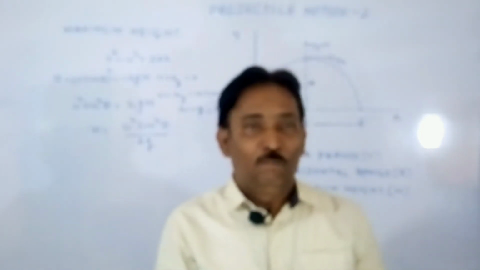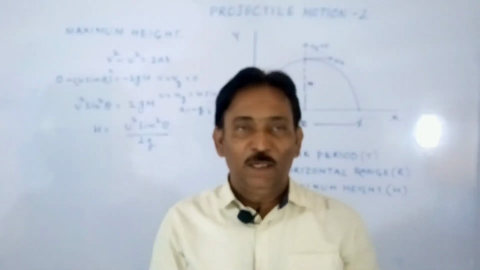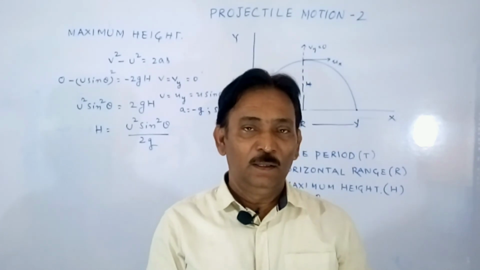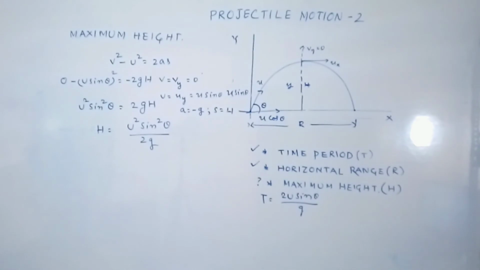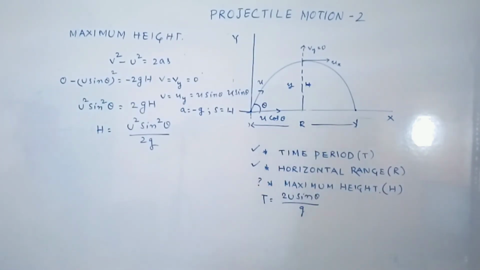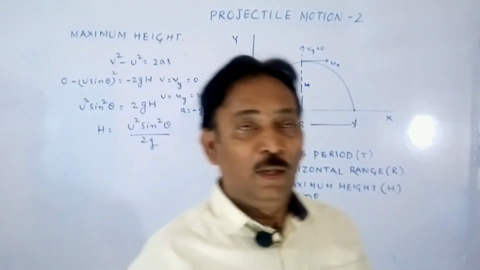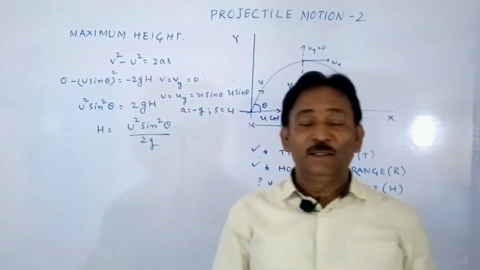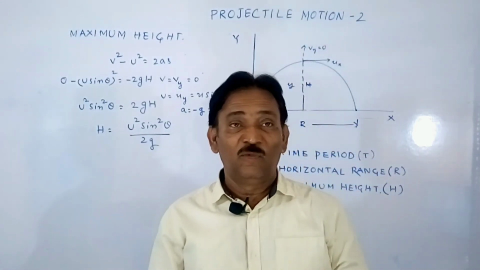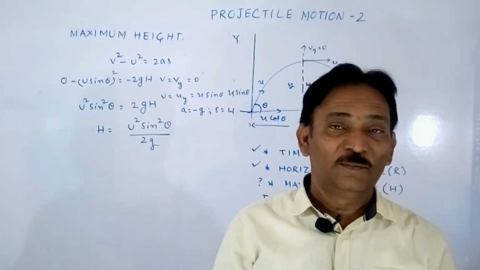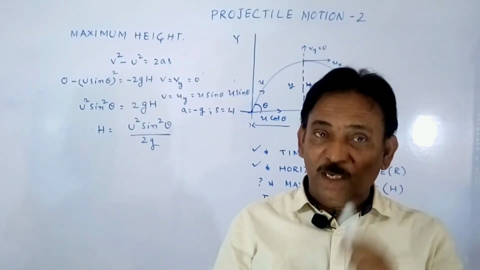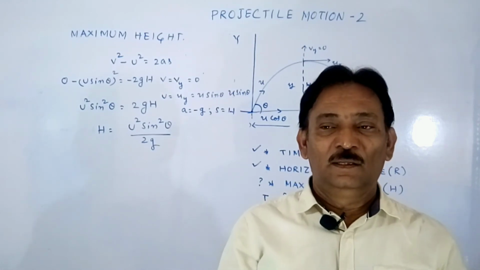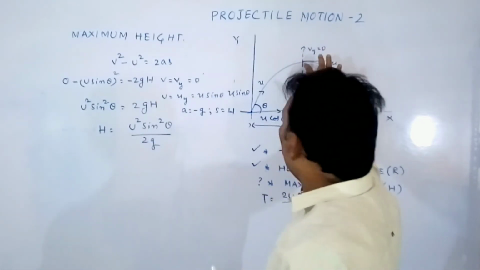It is the maximum vertical displacement of the projectile before its vertical component of velocity becomes 0. Here only it becomes 0.